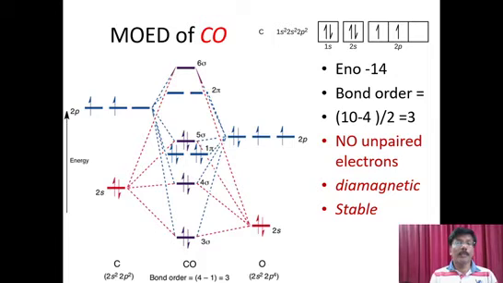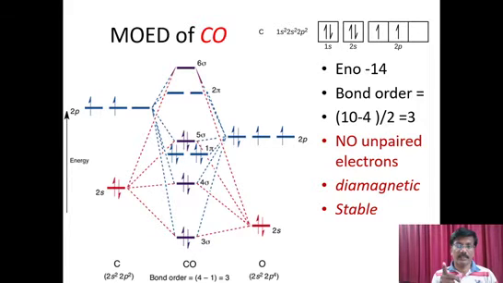So, total number of bonding electrons, how many? 6 plus 2 plus 2, that is 10. And antibonding, 2 plus 2, only 4, because 2p doesn't have any antibonding electrons. Therefore, 4. 10 minus 4 is the bonding minus antibonding. So, 10 minus 4 means 6. 6 by 2 means 3. So, the bond order is 3.